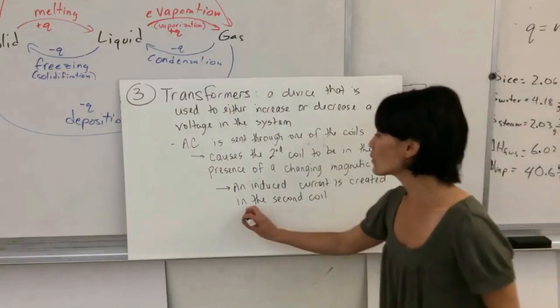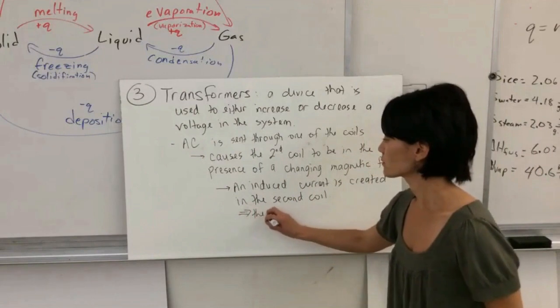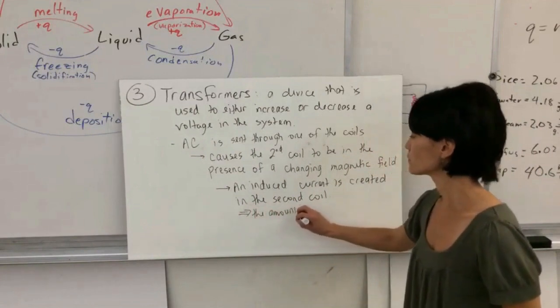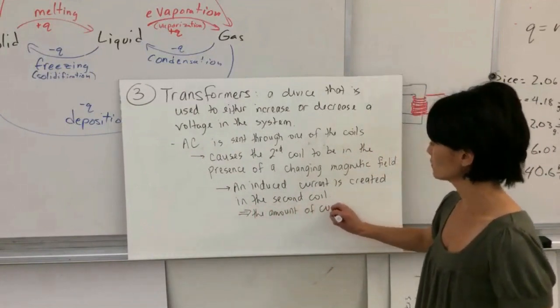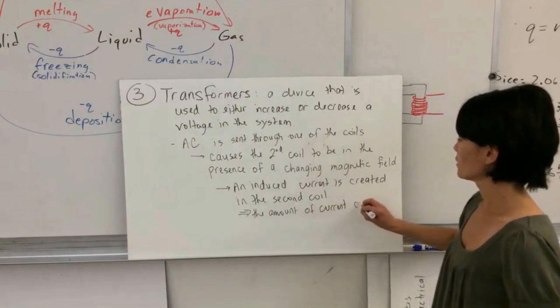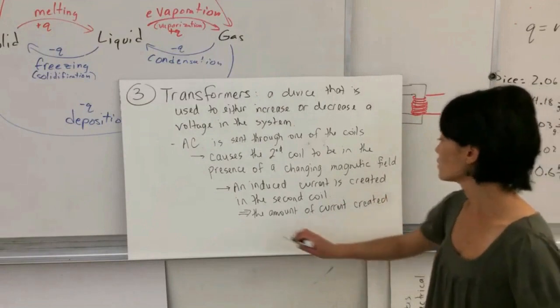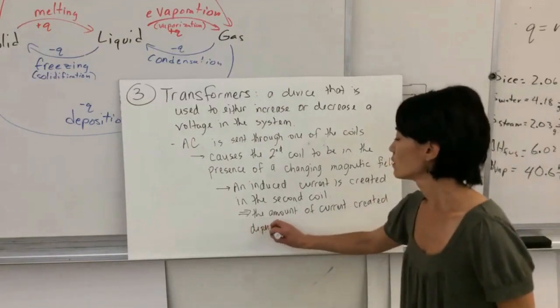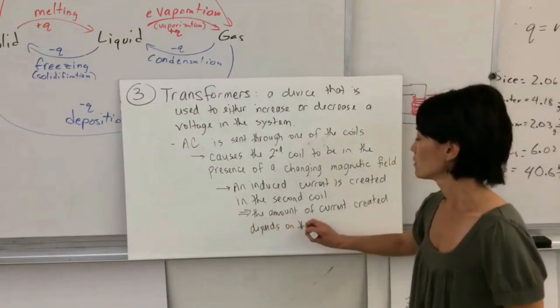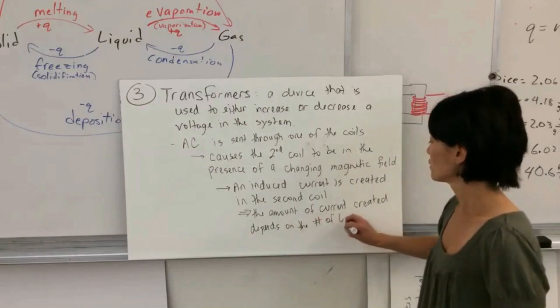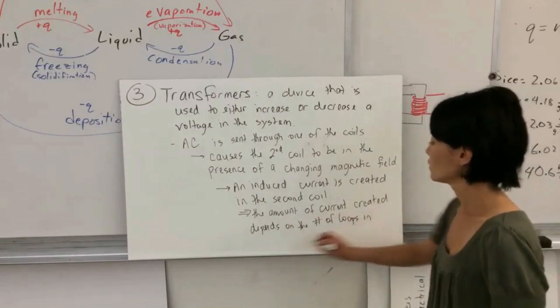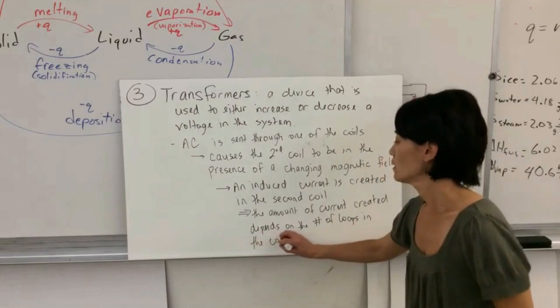And the amount of current created depends on the number of loops in the coil. And that makes sense.